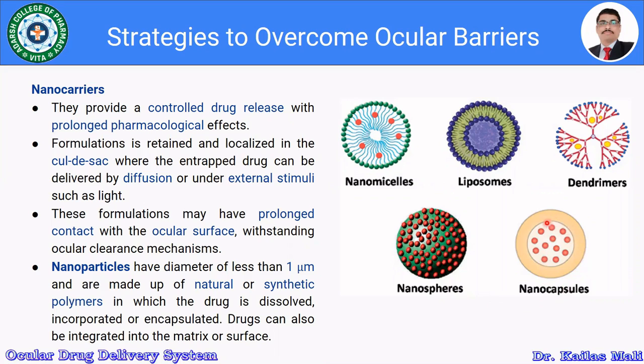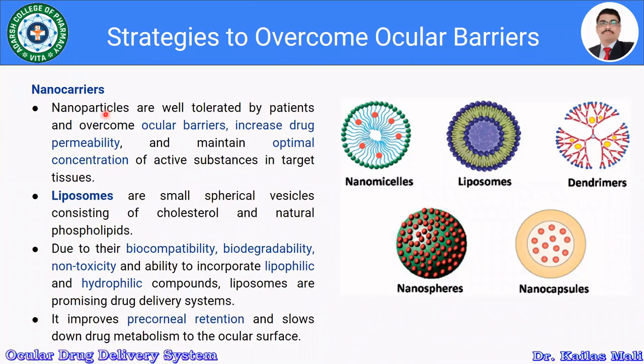The drug can also be adsorbed onto the surface of the nanomatrix. Nanoparticles are well tolerated by patients and overcome the ocular barriers. They increase the permeability and maintain the optimal concentration of active substance in a target tissue.